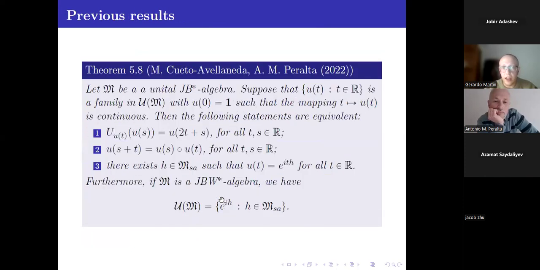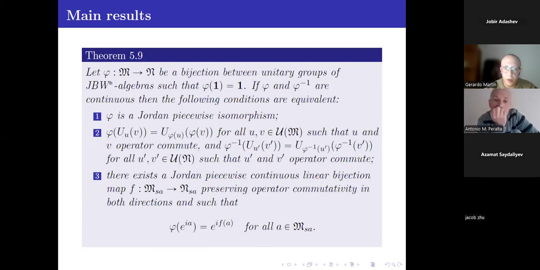So using this result due to Maria Cueto Avellaneda and Antonio Peralta related with these sets of unitaries for GBW star algebras, which in the case of a GBW star algebra has this expression, we finally obtain the following theorems.